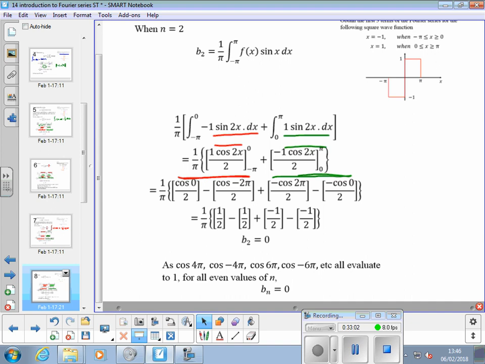They'll all evaluate to nothing. So all the even b terms will be 0.